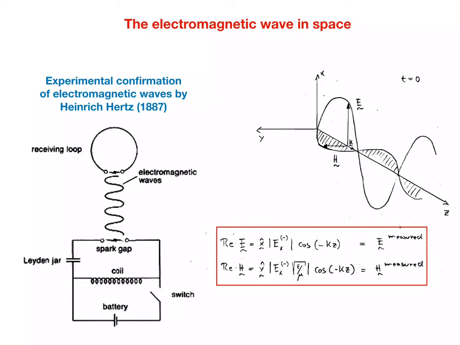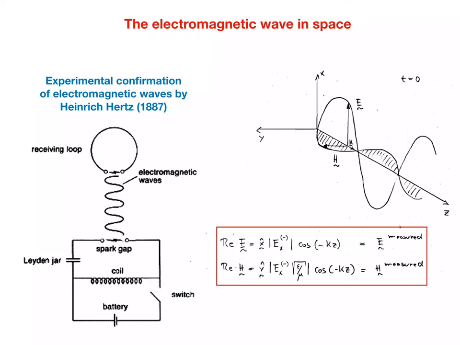The principal setup that Hertz used is shown at the bottom left. With a Leyden jar and a coil, he produced a large voltage difference which discharged. This spark creates electromagnetic waves. Hertz achieved detecting these electromagnetic waves with an open receiving loop by observing tiny sparks at the endpoints.